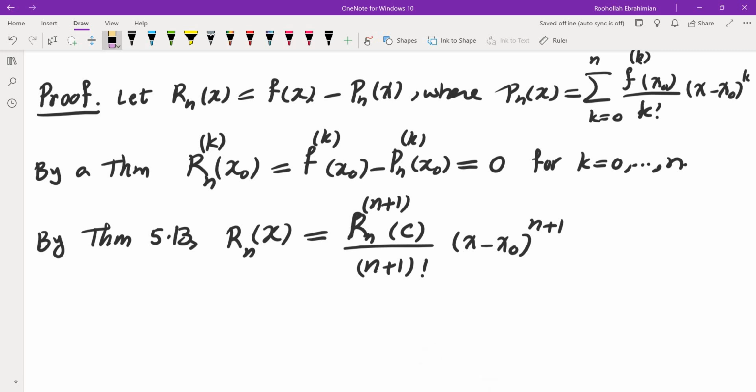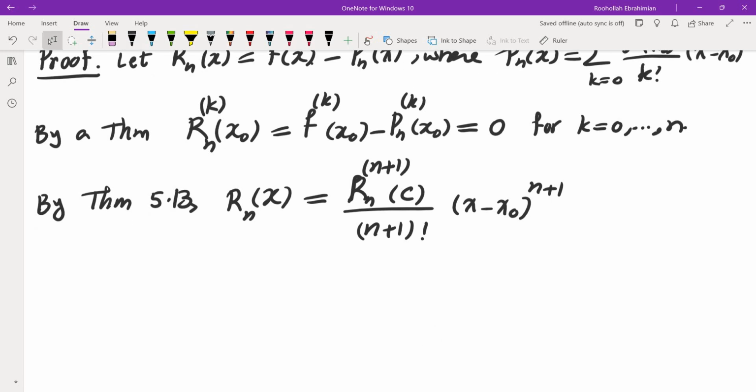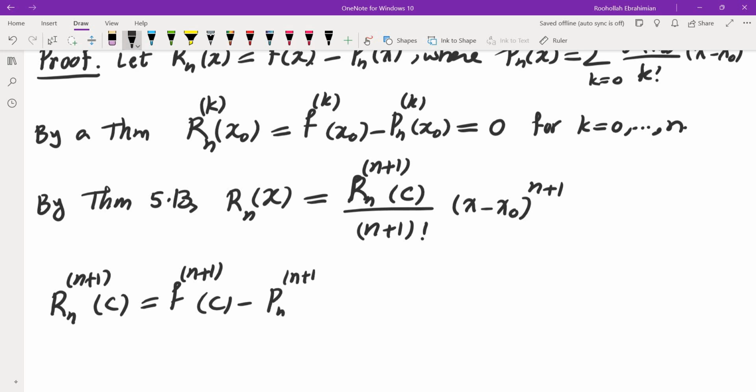So this is the theorem. However, if you look at the n plus first derivative of Rn at c, this is equal to the n plus first derivative of f at c minus the n plus first derivative of Pn at c. But this one is 0. So this is f^(n+1) of c.